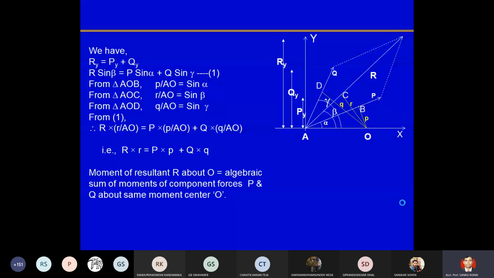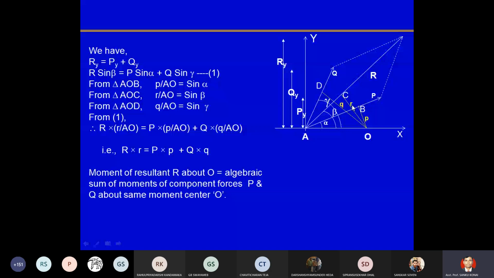If you put the values in this equation number 1, this AO will be common to everything, then AO you can cancel out. So ultimately you will get capital R into small r, that means the force R with the perpendicular distance small r will be equal to force P into small p, the perpendicular distance from P to horizontal axis, and force Q into small q.